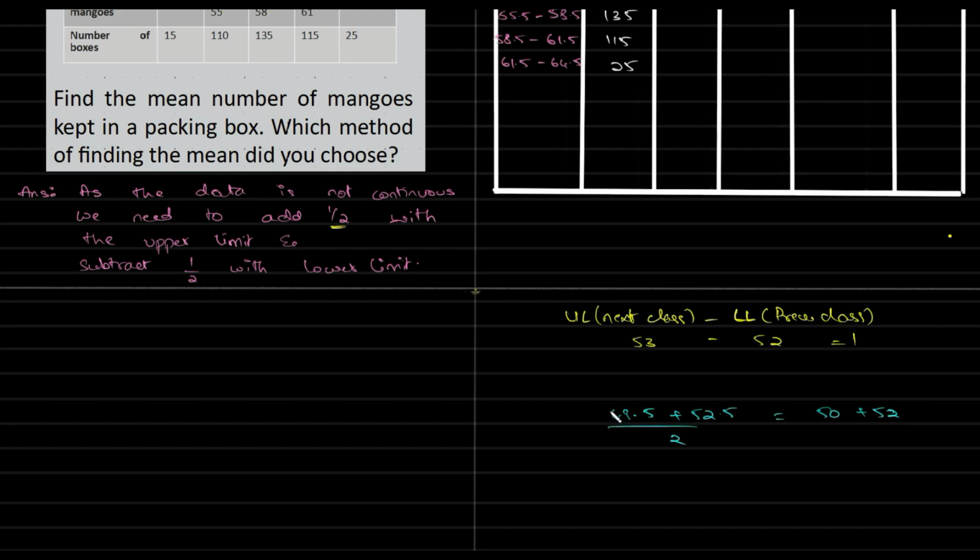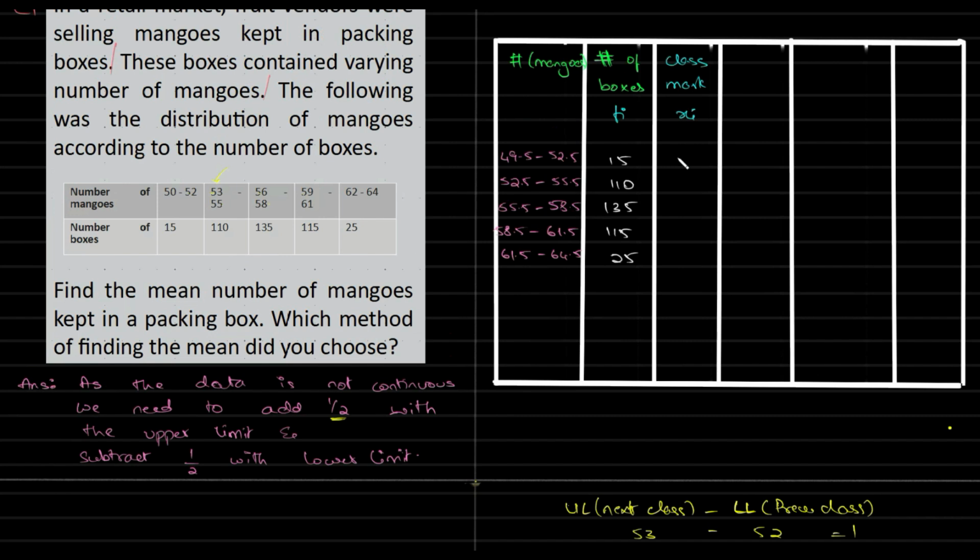So the average of this is 102 by 2, that is 51. And the class size happens to be 3, so we have 54, 57, 61, 64. Verify if it's so.